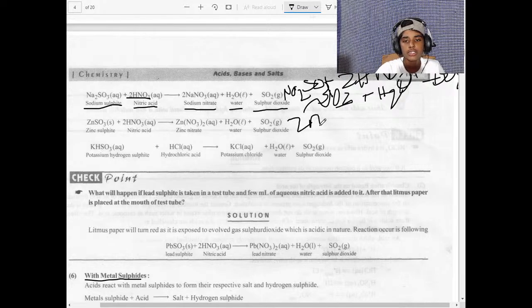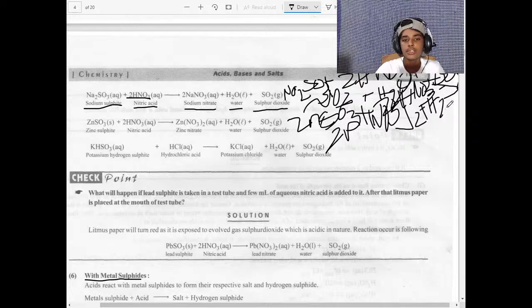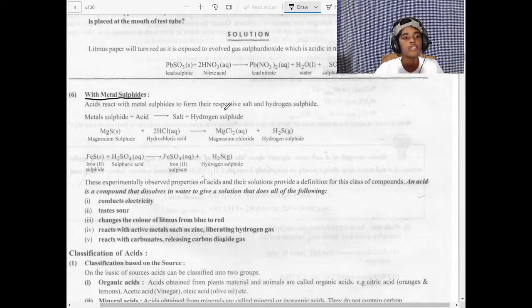Now ZnSO3 plus 2HNO3 will give Zn(NO3)2 (aq) plus H2O plus SO2. And here with metal sulfides.